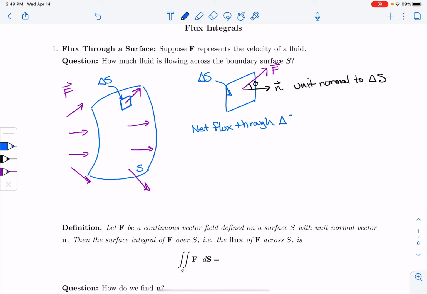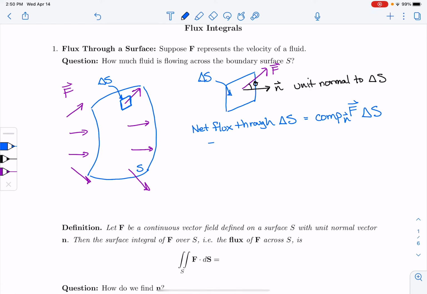We'll call it delta S. And that should be represented by the amount of F in the n direction times the area delta S. So we have the amount of the fluid that is flowing perpendicular to this surface, okay, times the area of that surface, representing the total amount of fluid flowing through that little piece of surface.